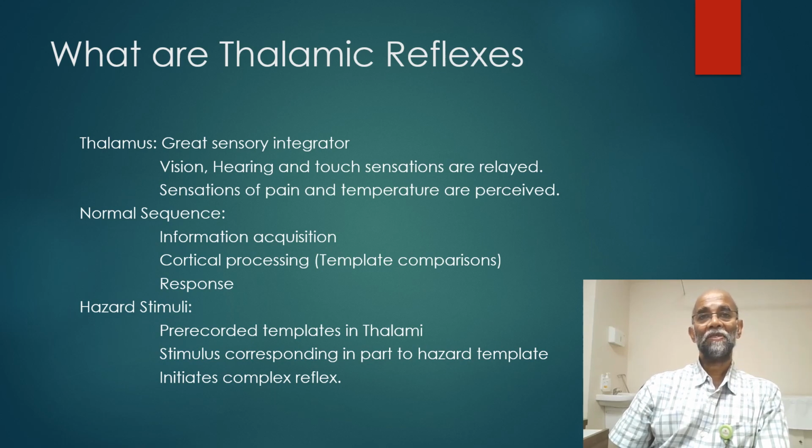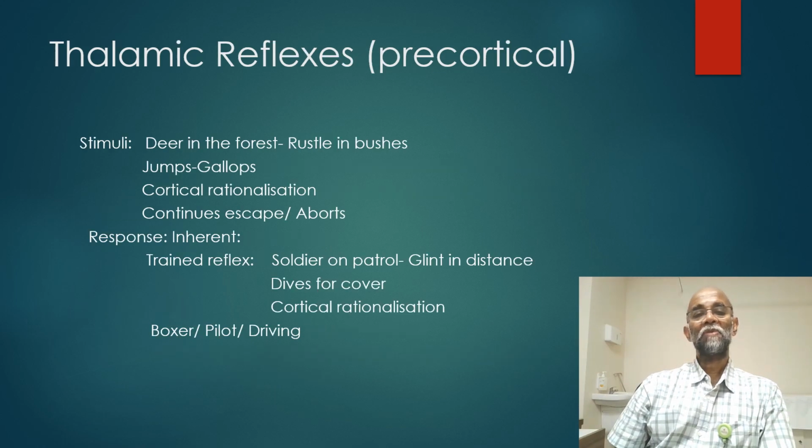After threat evaluation, there are two possibilities. Either the escape maneuver continues, or the escape maneuver is aborted because the cortex has realized that the hazard is not significant. Let us see a few examples of thalamic reflexes.